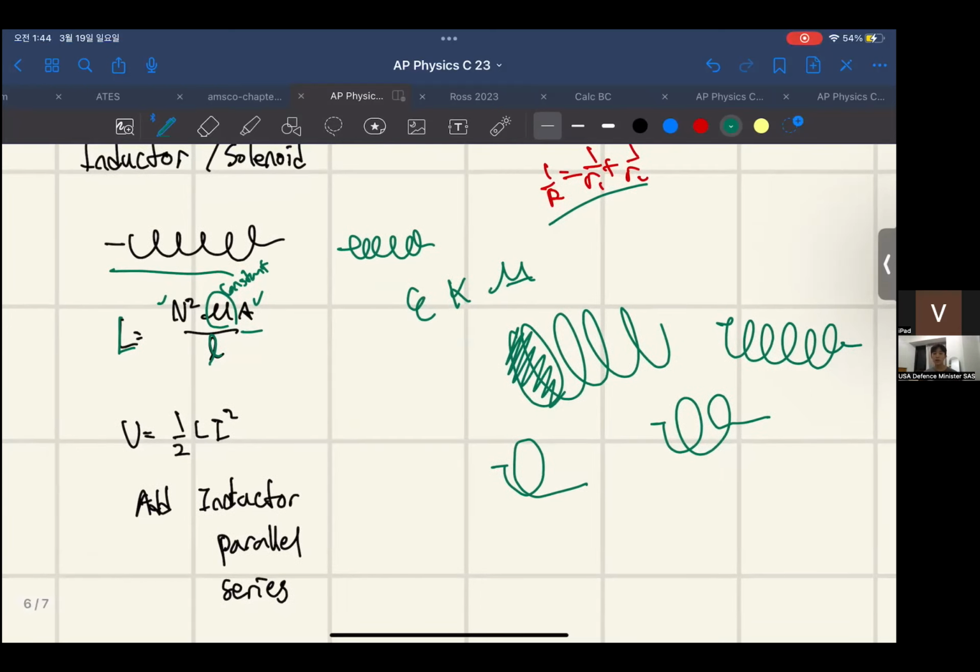If it's longer but your N stays the same, it means the inductor got longer, but you still wrap the same number of times, meaning how densely wrapped your coil is has decreased. And since it's not densely wrapped enough, its identity as a coil, as an inductor, decreases. Thus, inductance decreases. That's why l, the length, and L, the inductance, are inversely proportional, and that's why l, the length, goes in the denominator.